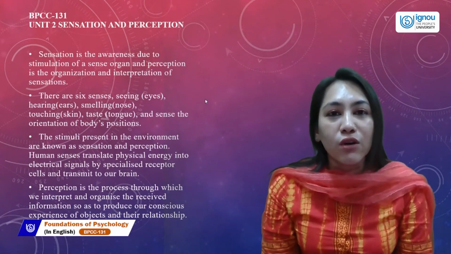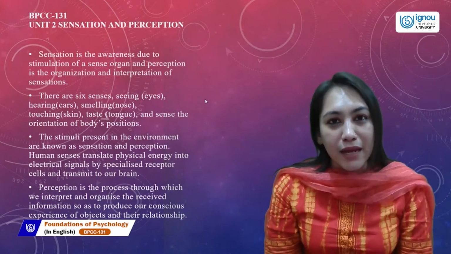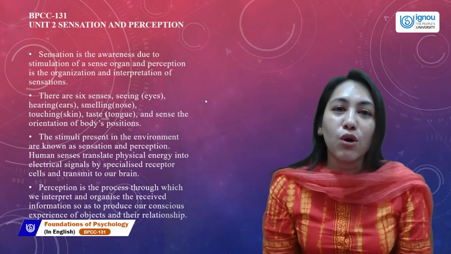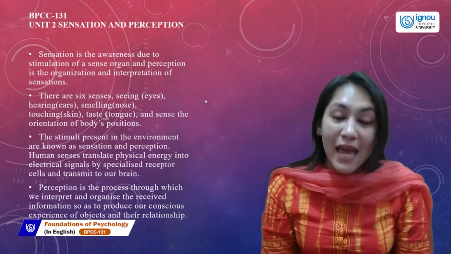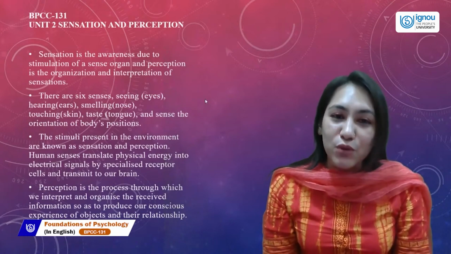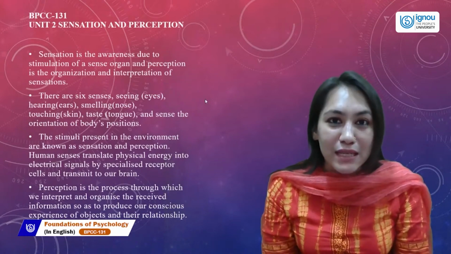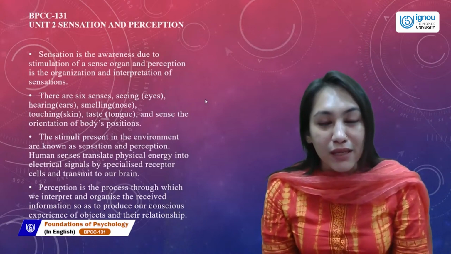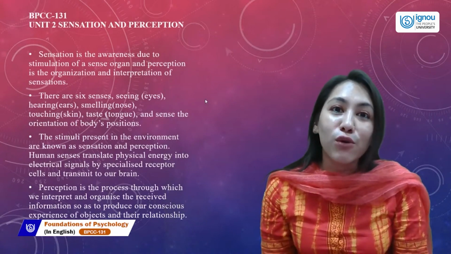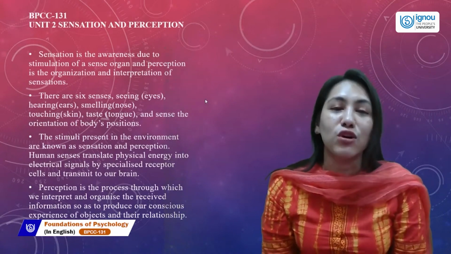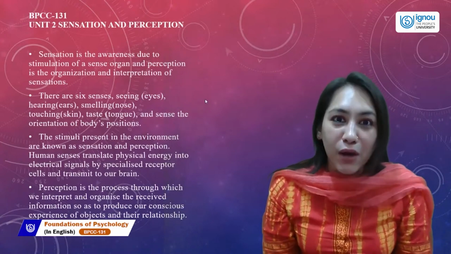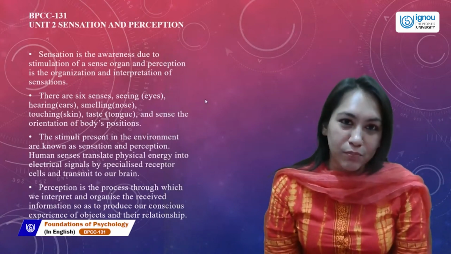They are core psychological contents which make us understand how information falls on our sensory receptors and is meaningfully interpreted by our thinking, reasoning, problem solving, decision making, and forms a very core cognitive process. So let's get into understanding what sensation is.